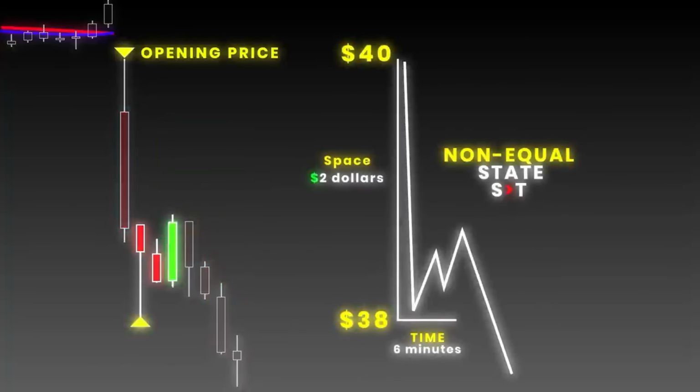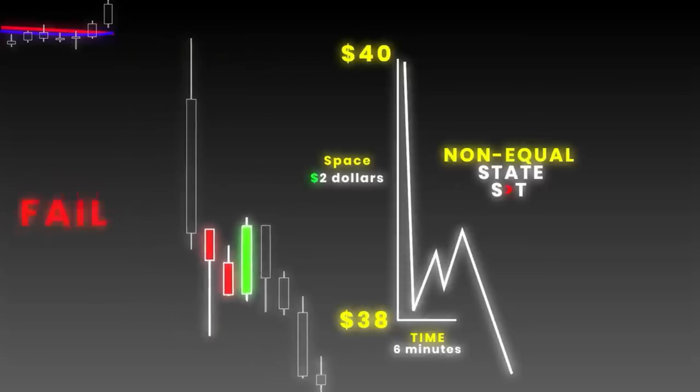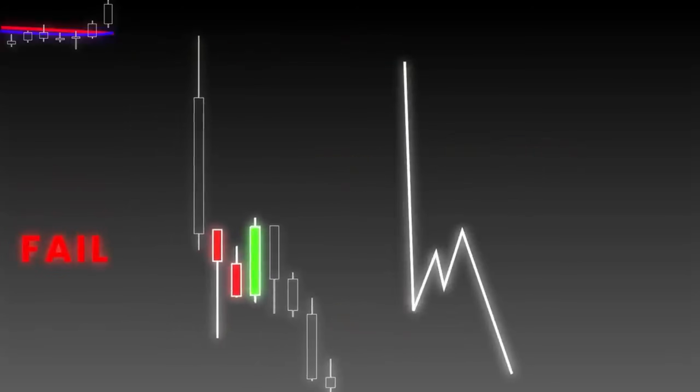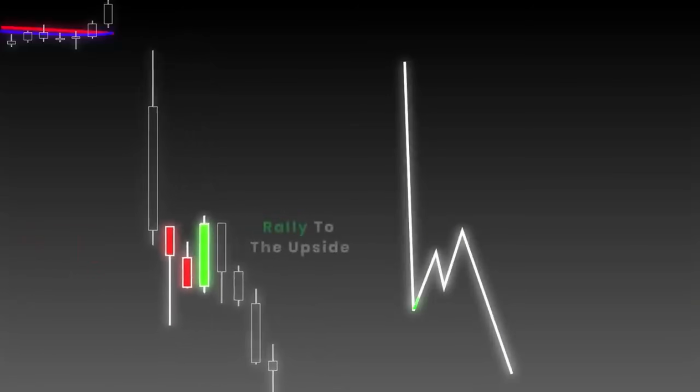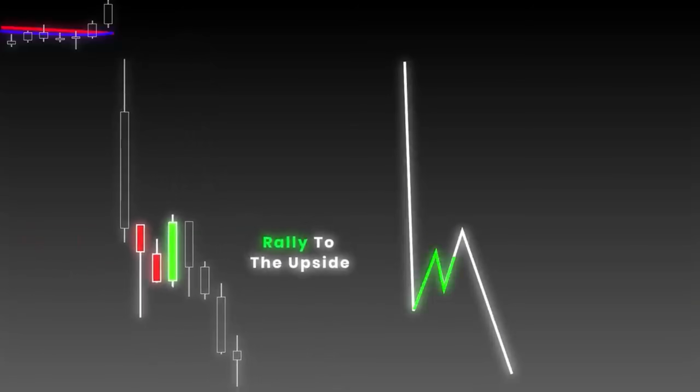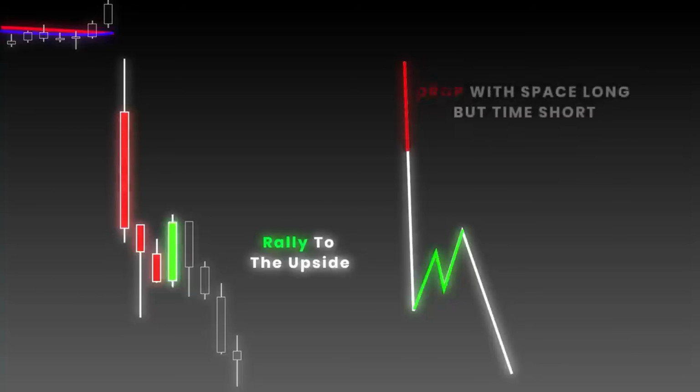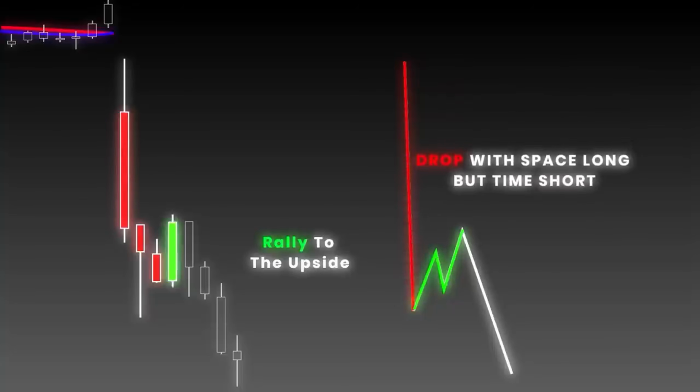So this attempt to move up is a failed attempt most of the time, not all the time. Nothing can be all the time in life, okay? Most of the time.